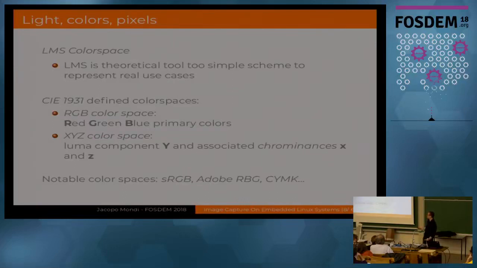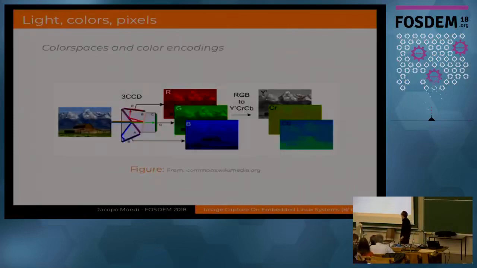That's because we are sensitive to these three colors, but the human eye is even more sensitive to changes in brightness. So we can define a color as the brightness and associated chrominances, and on top of that, other color spaces have been defined, such as sRGB, which is the one usually used in digital electronics, Adobe RGB, which I'm not sure where it is used, but it's a thing, and CMYK, which you may have seen for printers. Anyway, each color space has its preferred way to be used.